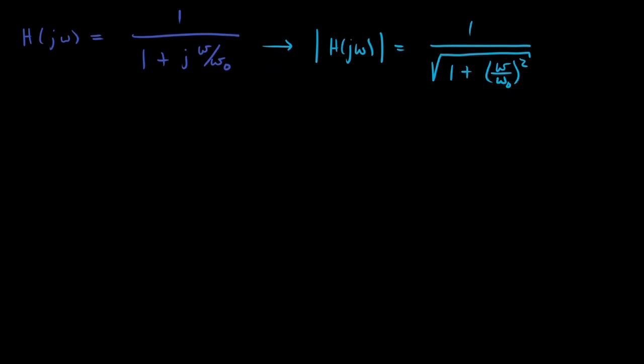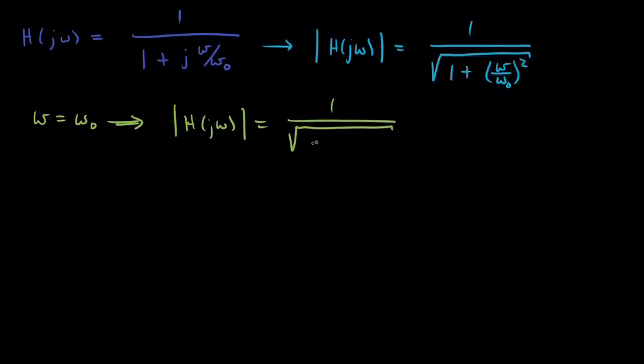So at the break frequency, or the corner frequency, or the cutoff frequency, we know that omega equals omega naught leads to the magnitude of H of j omega equal to 1 over the square root of 1 plus 1 squared, which equals 1 over the square root of 2, right?